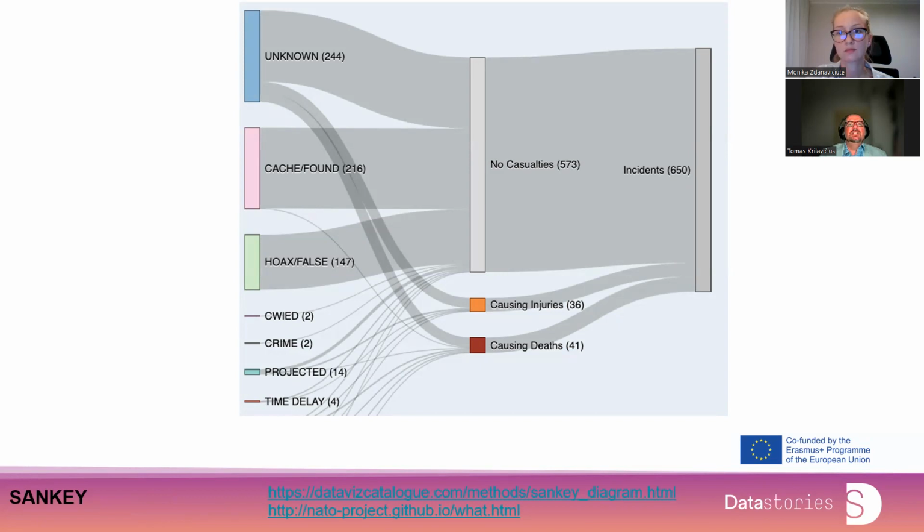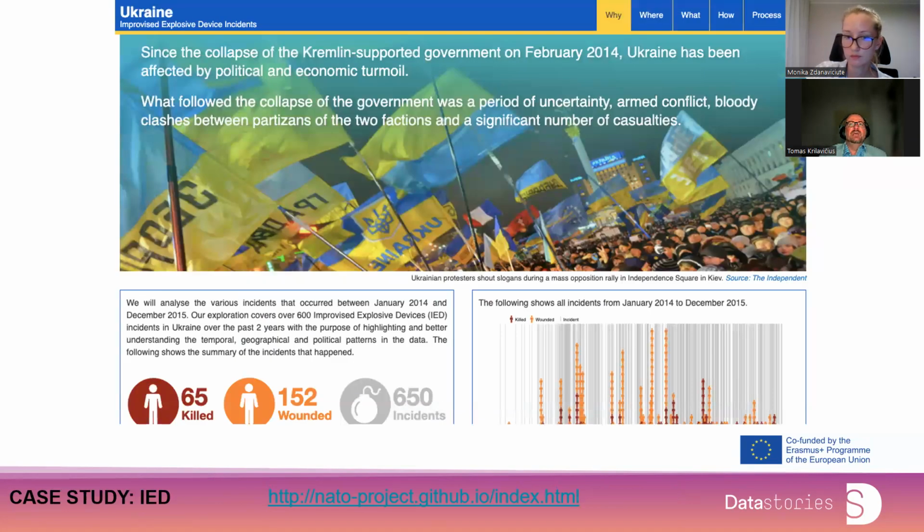Here you can see different features again as columns, and you see how these different features and values relate to each other. And here is just a small snapshot of it, but you can visit their website and see more details of what was happening at that period of time and what kind of explosive devices were used. It's a bit gruesome, but the quality of the visualization is very good.